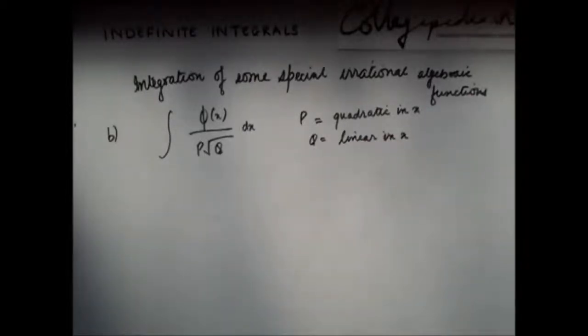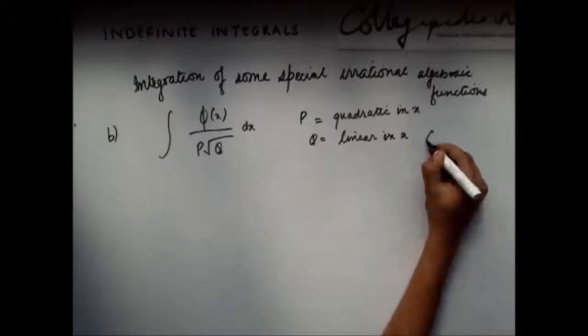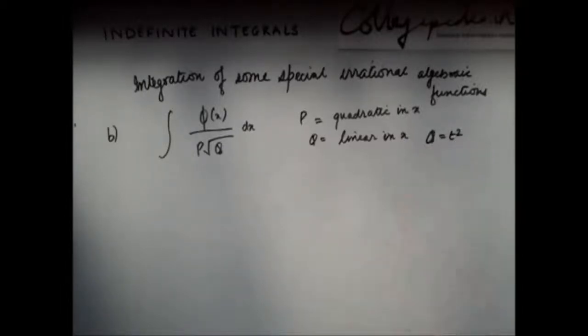Now in this type of case, again you will substitute q as t square. The reason we are doing this is because we try to get rid of this square root sign. Let's take an example again.